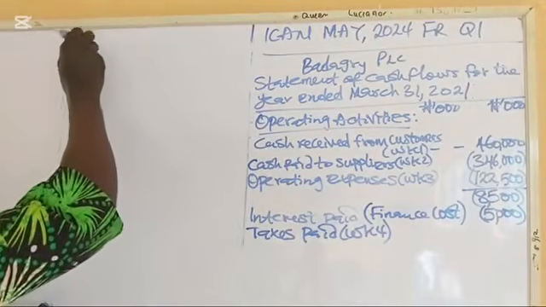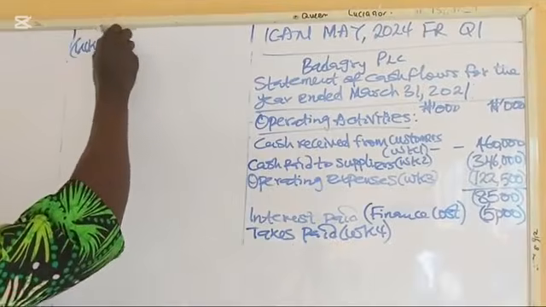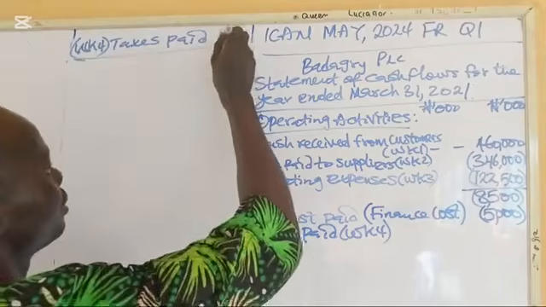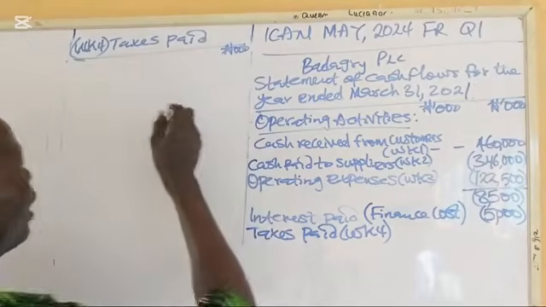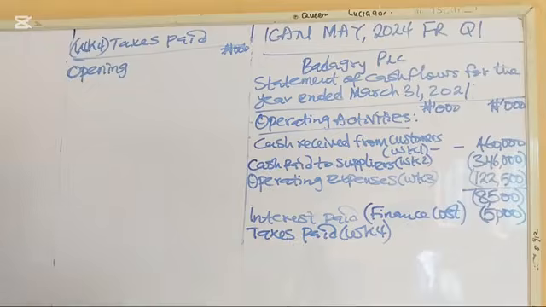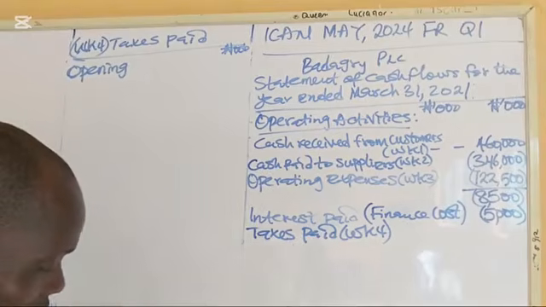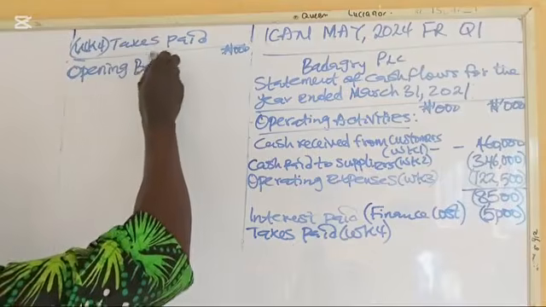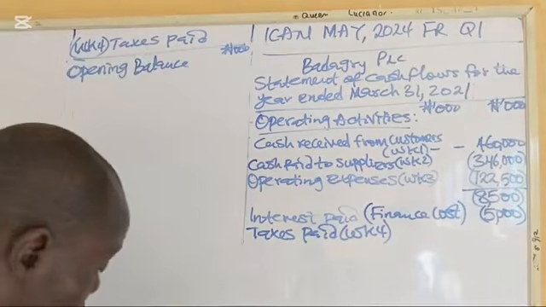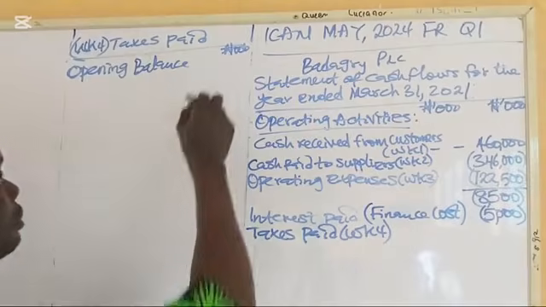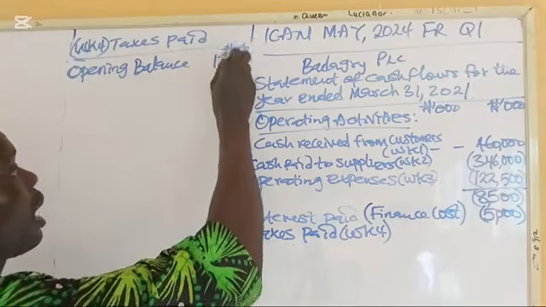As usual, you are starting with the opening balances. Check your non-current liability. Do you have deferred tax there? No. How much is the opening balance in respect of your tax? 12,000.